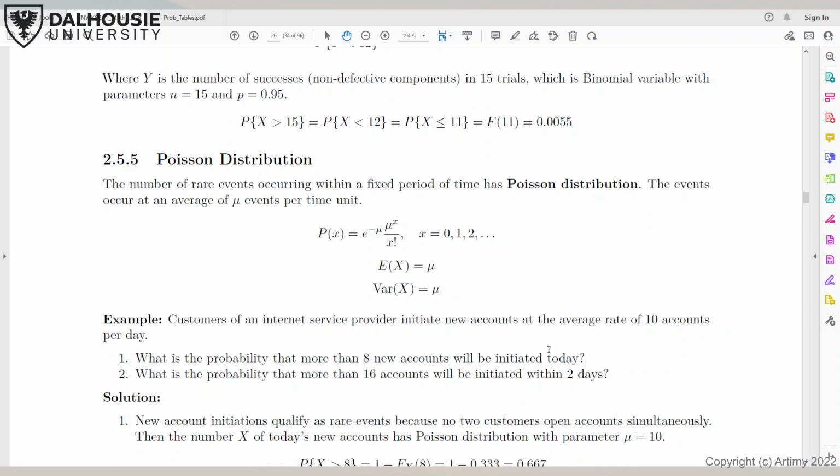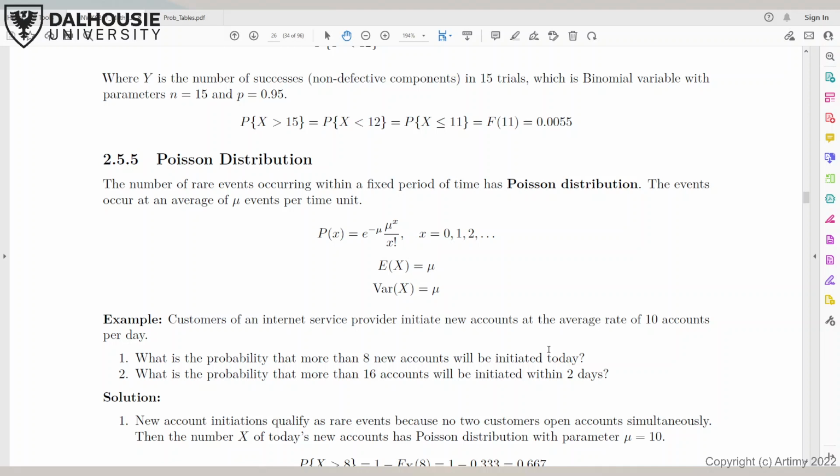If you have a case where things can happen at the same time, such as parallel processing, then you cannot use the Poisson distribution. So we're looking for things that do not happen simultaneously, and that's why we call these rare events.